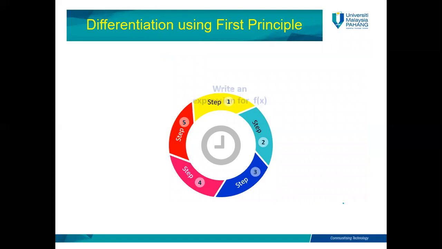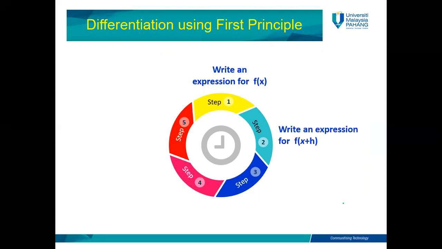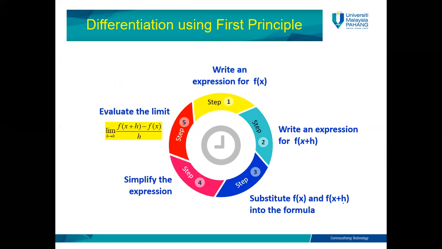Alright, so let's see the steps. The first one is you write an expression for f of x. Write an expression for f of x plus h, and then substitute f of x and f of x plus h into the formula. The next step, you simplify the expression, and the last one, you evaluate the limit.